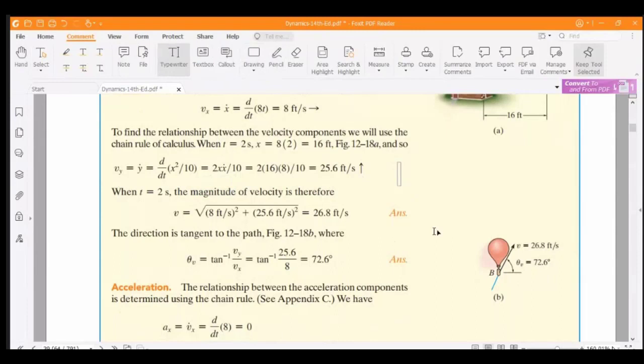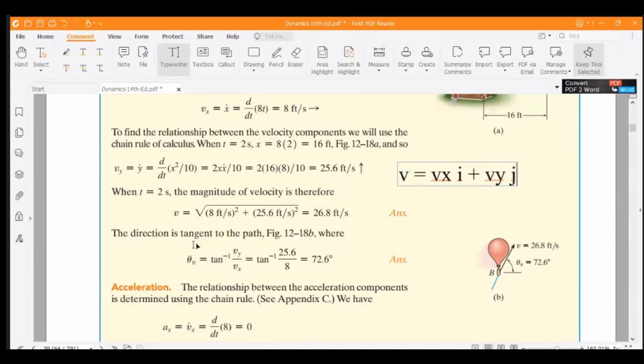Can we write v equals vx i plus vy j? Of course vx squared plus vy squared, under the root, will give the magnitude of v. This one is vx, this one is vy, so the magnitude for 2 seconds is 26.8 feet per second. You see, in the y direction this is different, in the x direction this is different, but the resultant is something else.